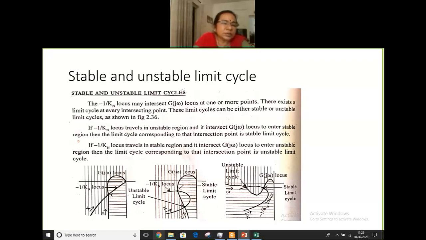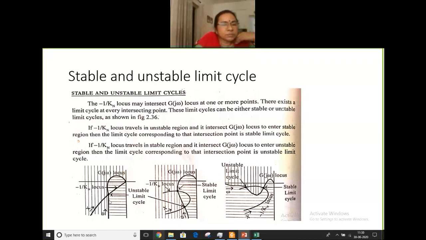That is clear or not, Rupesh? Enclosed means the right side of the path is always enclosed. Then the right side of this path: only this portion of the g omega locus is lying on the right side of the locus minus 1 by kn.